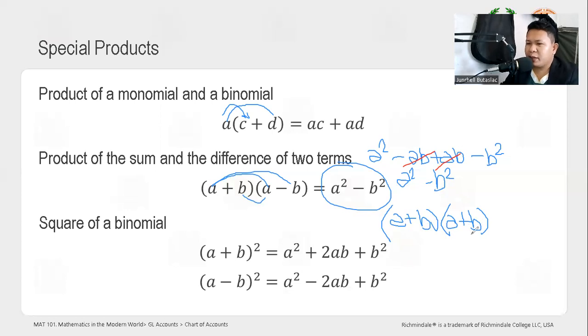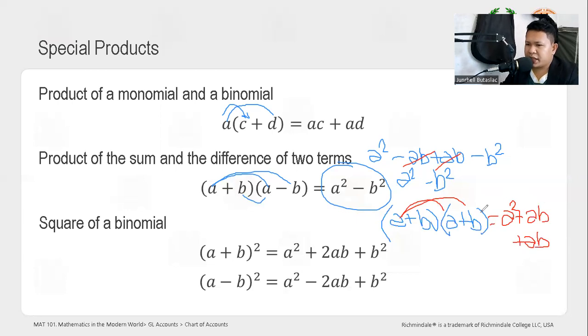Using the FOIL method, a times a is a squared. A times b is positive ab. Then b times a is positive ab, the same thing.